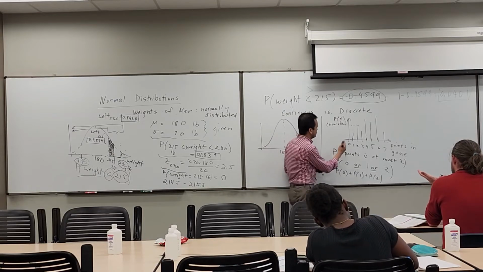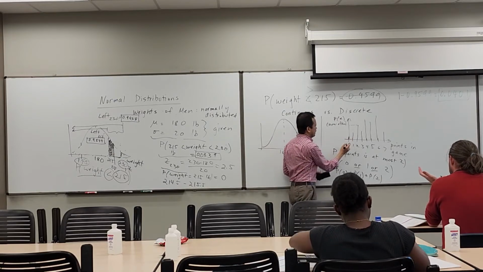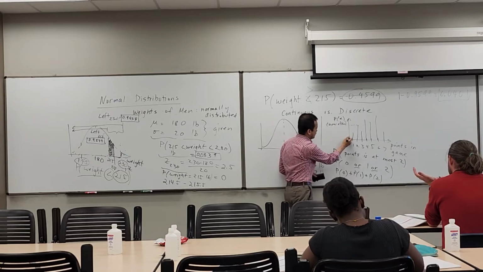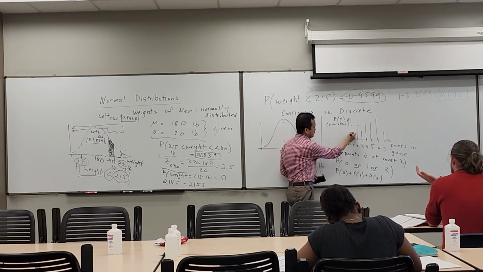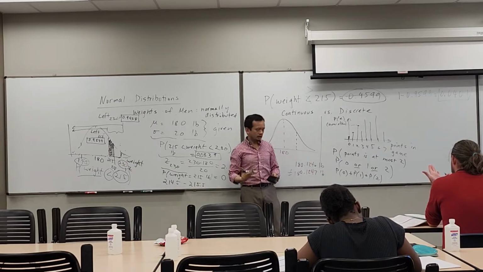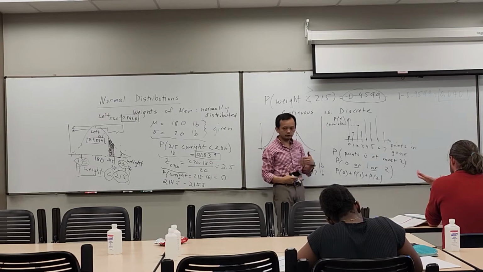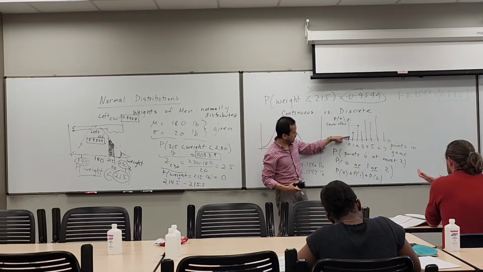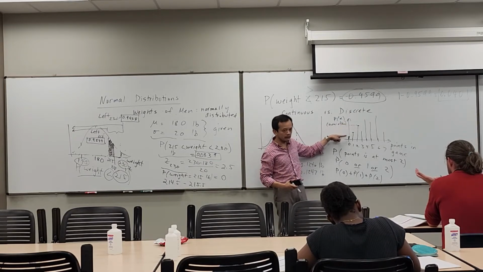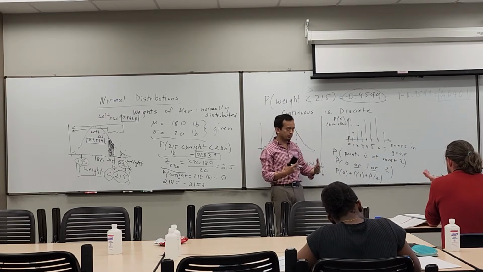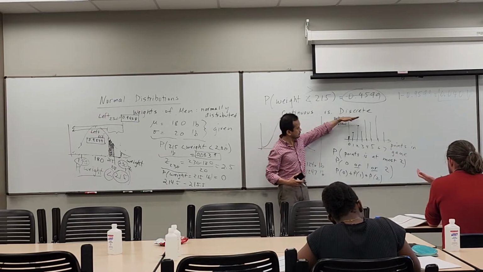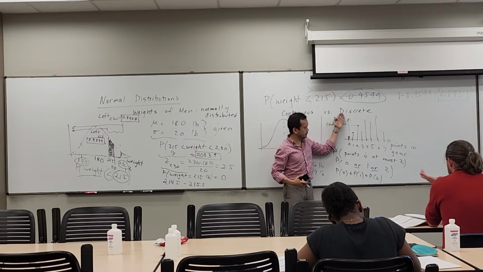The probability of getting 0 points is the height of this bar, plus the probability of 1, the height of this bar, plus the probability of 2, the height of this bar. So to find the probability of a discrete distribution taking on certain values, you add up the individual heights of the bars.